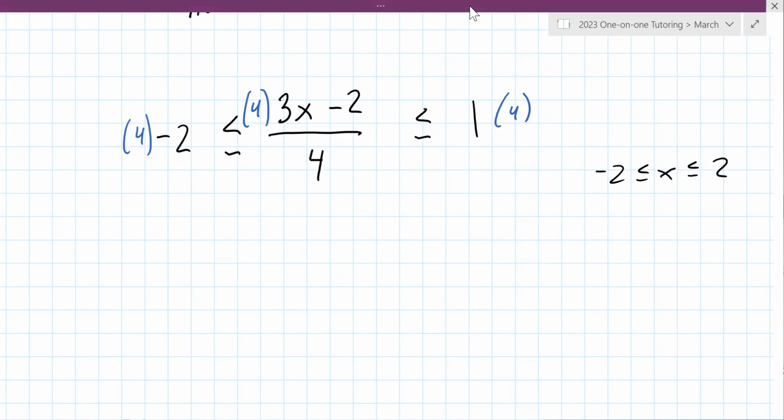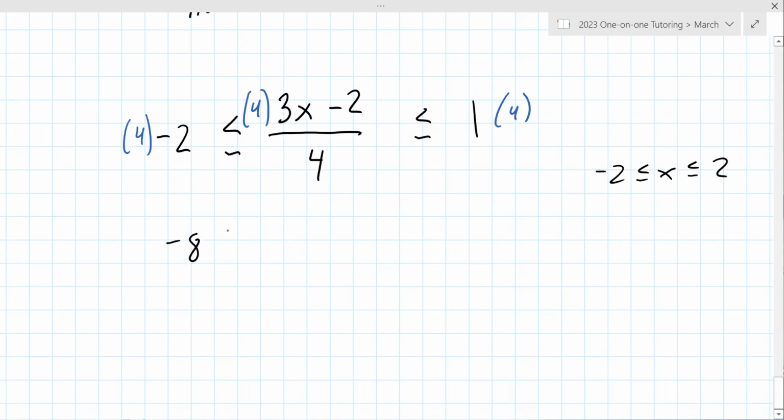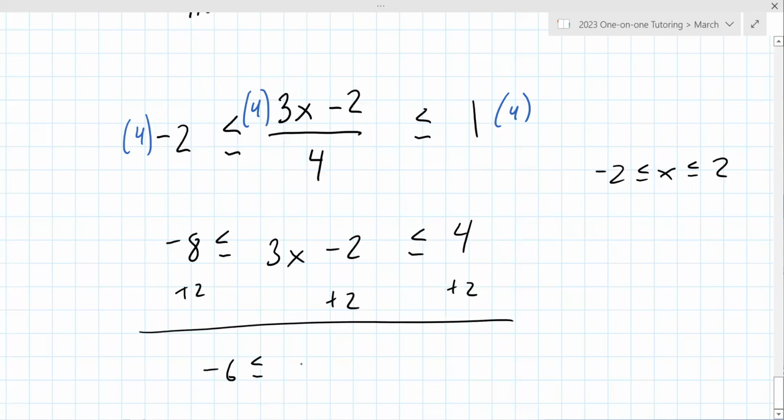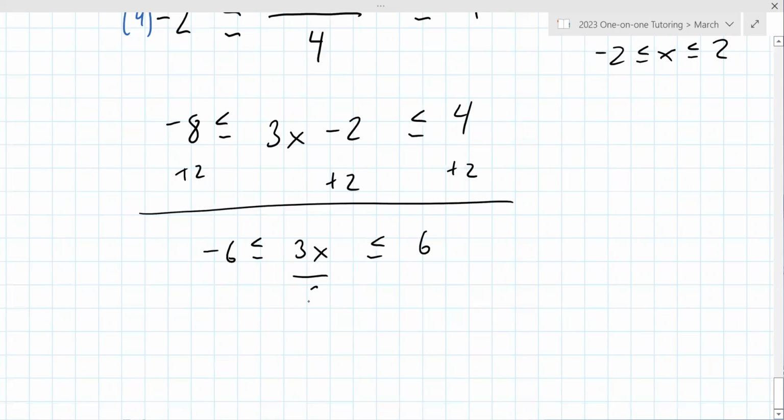So on the left here, it's -8, less than or equal to 3x minus 2, less than or equal to 4. Then what did you do? Added 2 to all sides. Okay, looking good. -6 less than or equal to 3x, less than or equal to 6, and then you divide both sides by 3. So sometimes they work out really nicely. Who knew?